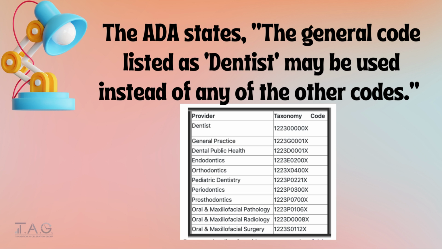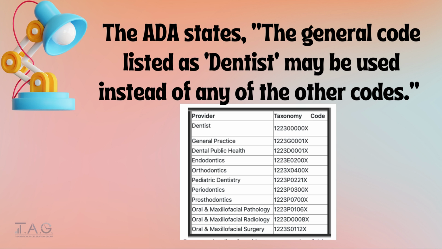Now, the ADA also states that the general code of the 1223 code, which is the first one there identified as dentist, can be used instead of any of the other codes. So, when you are doing your NPI updates, I want you to go to the NPPES website and look and see what your taxonomy code is listed. Under your individual taxonomy code, you should be listed as dentist, 1223 00000X.